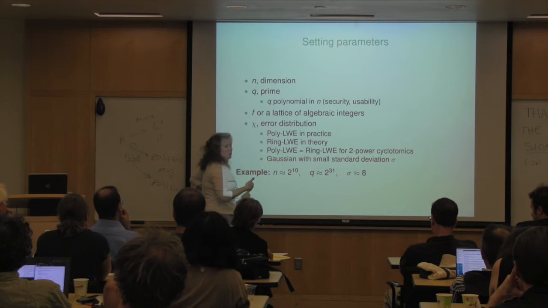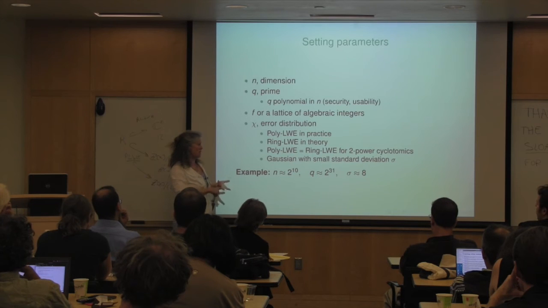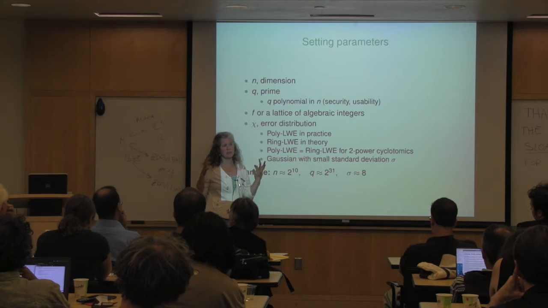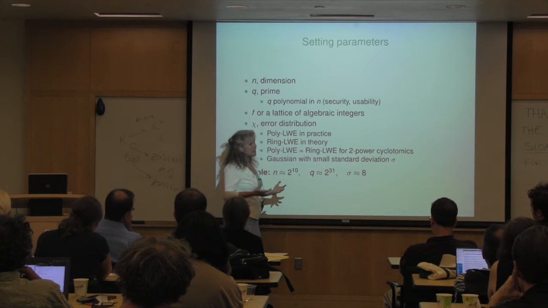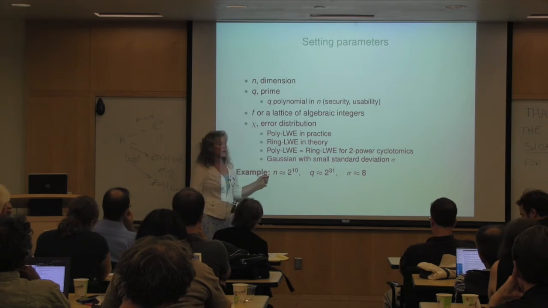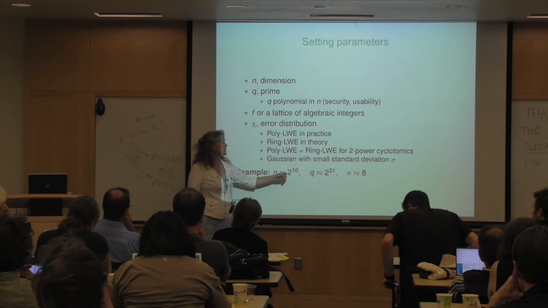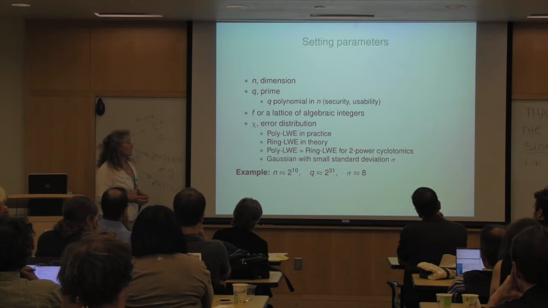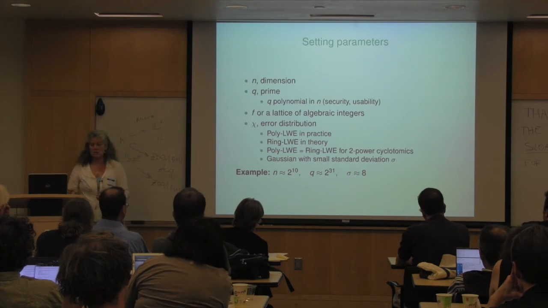Each polynomial in your crypto system, be it a ciphertext or a key or whatever, has this size in these. And that's, I would say, the limiting factor of applications of homomorphic encryption: the size of the ciphertext, because whatever your dimension is, you have n coefficients of this size. So basically n times 31 is the size of the ciphertext. And for example, sigma of 8 would be a reasonable error distribution size.